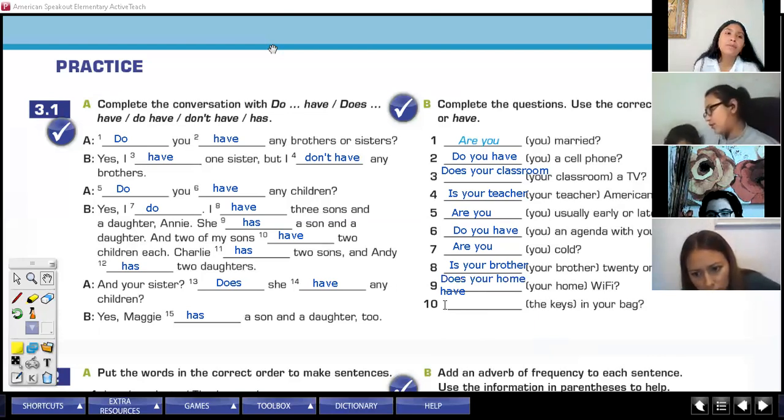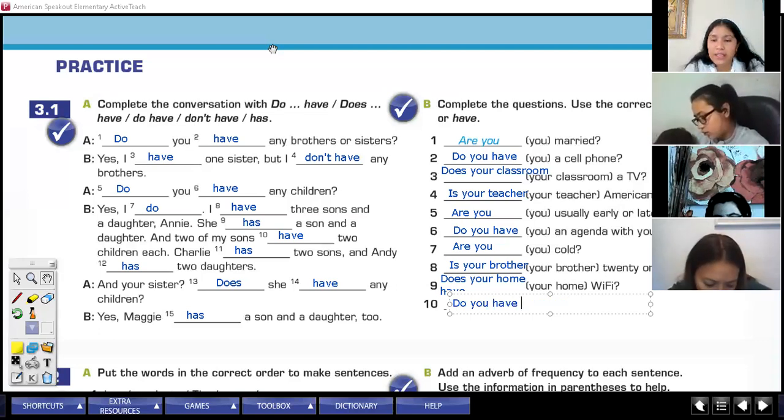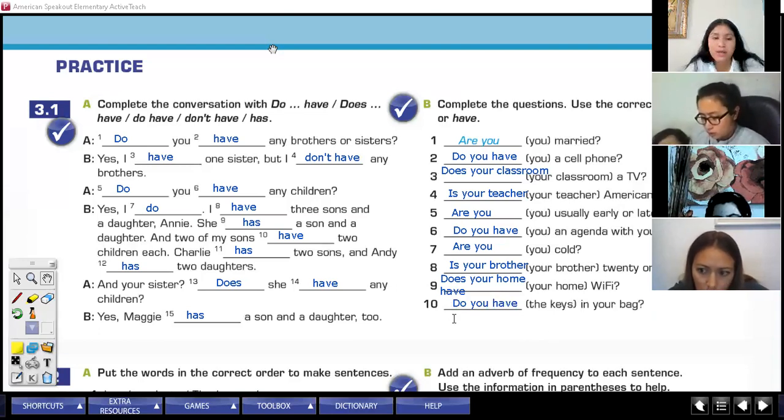Sería, do you have your keys in your bag? Do you have your keys? Or do you have the keys in your bag? O pudiera ser como con el verb to be. Are the keys in your bag?